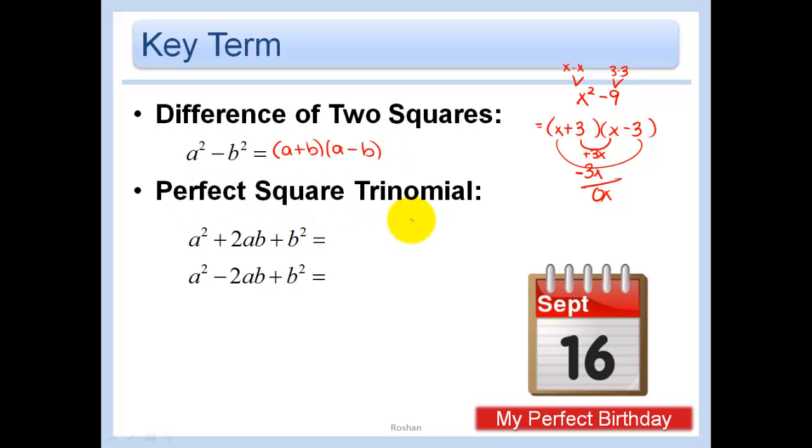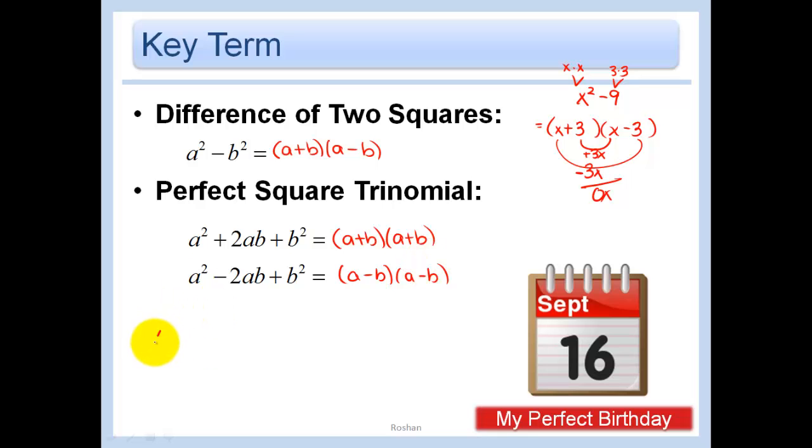You don't need to memorize this at all, but if I have something like a plus b times a plus b, then that would be a squared plus ab plus ab, which is plus 2ab, plus b squared. And also I could have, if I had a minus b times a minus b, well, that would be a squared minus ab minus another ab is minus 2ab, and then the last is plus b squared.